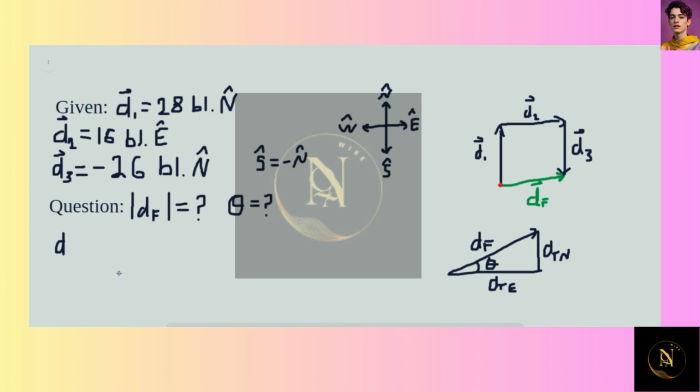To do that, we're just going to add, these are vectors, d sub 1 plus d sub 3, okay? And this is equal to 28 blocks north, right?